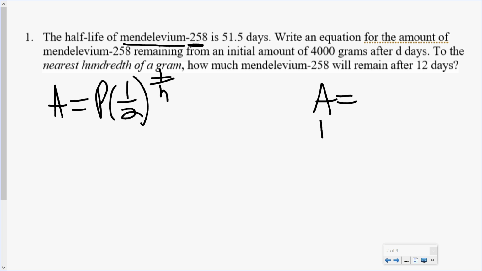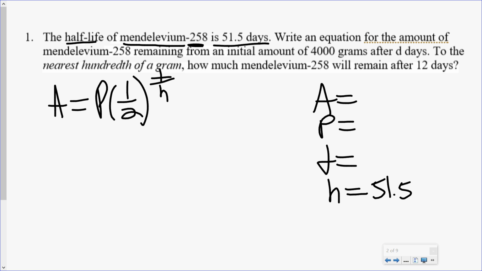So let's list my variables like I've done for all the other lessons in this unit. It's saying the half-life is 51.5 days. So that's H. H is the half-life.